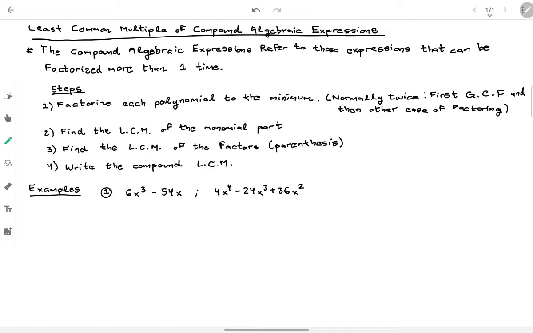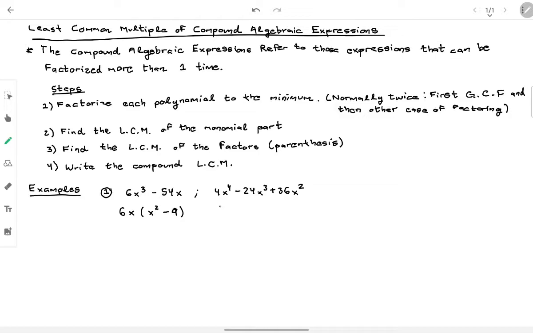So the first exercise is this one. We have two different polynomials. The first one, we need to take out a greatest common factor. In this case, both of them are divisible by 6 and the highest common power is x. So if I open up a parenthesis, 6x to become x cubed, it's going to be x squared. 6 to become minus 54 needs to be multiplied by minus 9, and that's it.